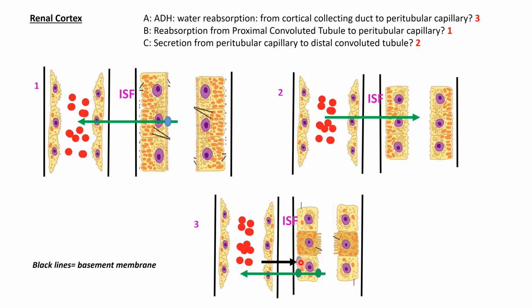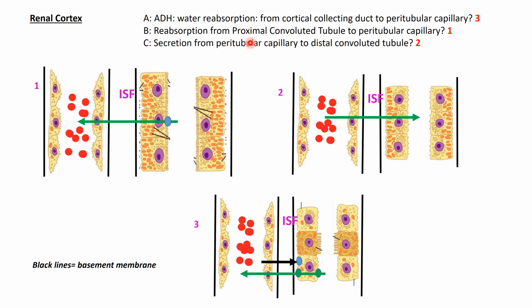The black line is where the ADH arrives from the bloodstream and binds to its receptor on the principal cell. The principal cell wakes up and starts making aquaporins. And this green arrow shows you the water reabsorption from the cortical collecting duct into the peritubular capillary.